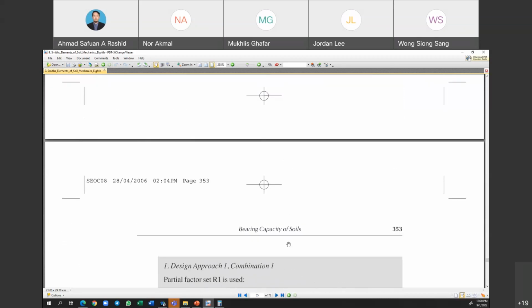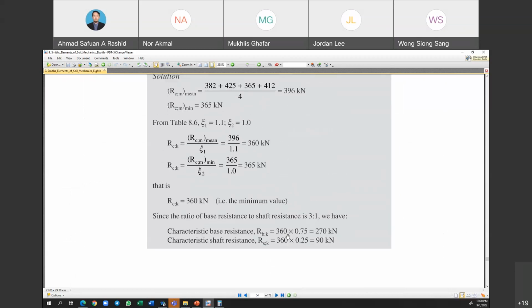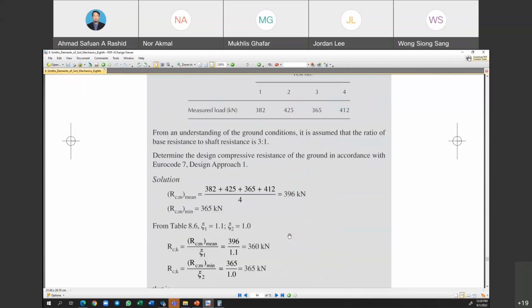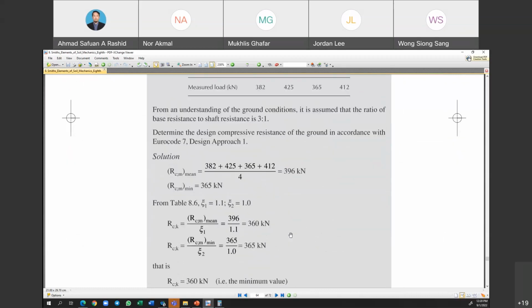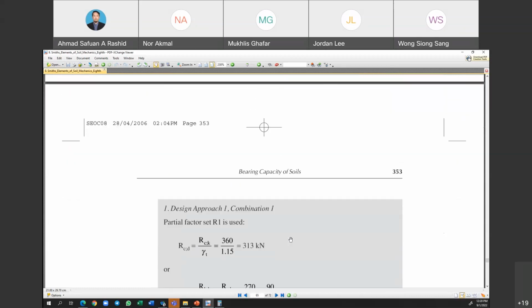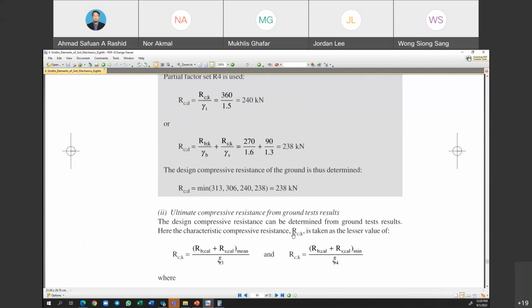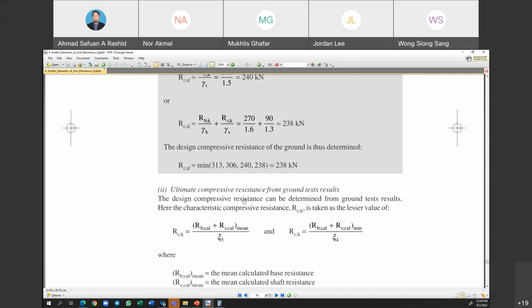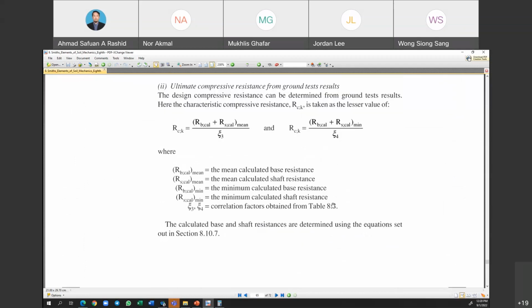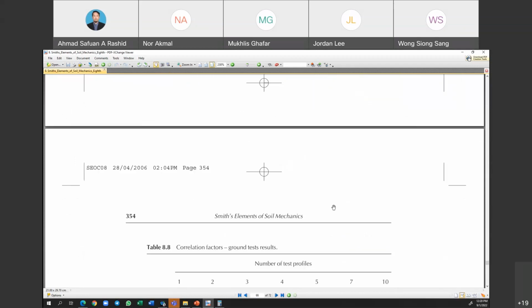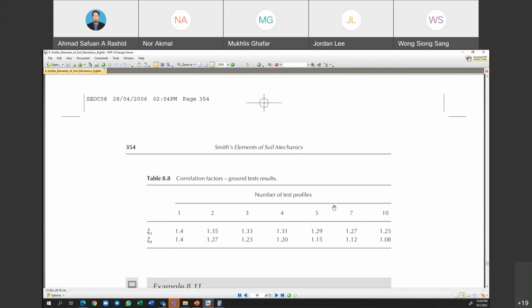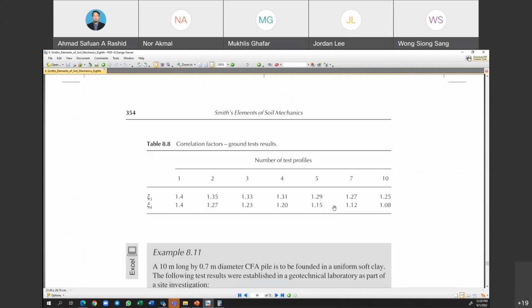So that is how we calculate the capacity based on the static load test. That is the Rcd. So the ultimate compressive resistance from the ground test has been discussed here, almost similar to what was discussed in the static.